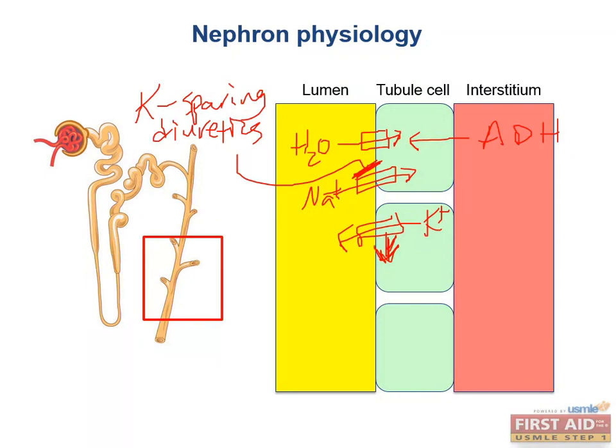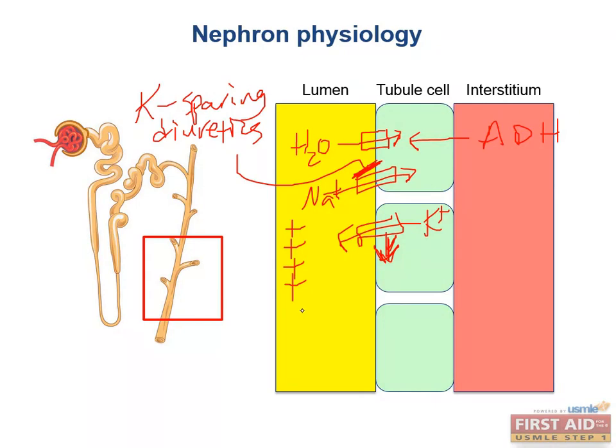This will lead to the electric potential of the lumen becoming more positive. And because it becomes more positive, this is going to inhibit the flow of the positively charged potassium ions into the filtrate.